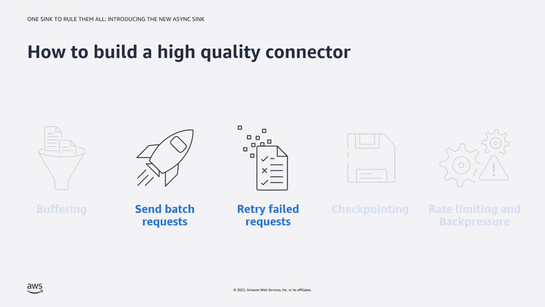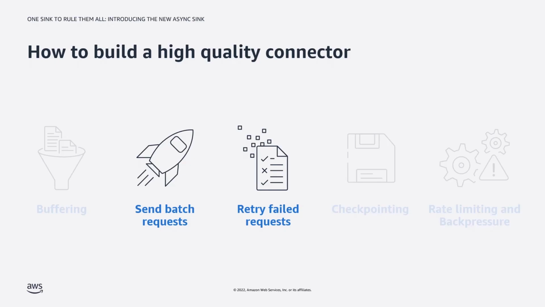So the idea was to build an abstraction that supports these common aspects of a sink. And when you want to implement support for a new destination, you only need to specify those things that are specific to the endpoint. Specifically, how to make a batch request and how to inspect the response from that request to know which messages or which parts of the message were not persisted successfully.